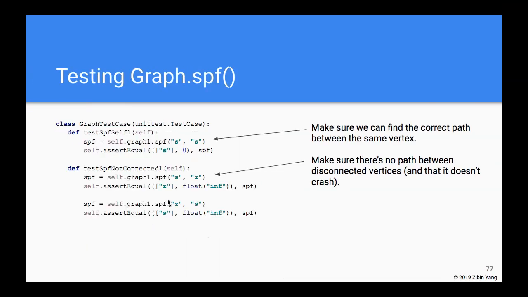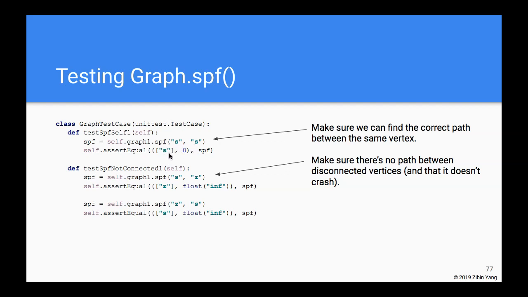Now, as for the test itself, there are a couple of corner edge cases that we really should always test. The very first thing is, what if we want to find the shortest path between the same vertex, from S to S?